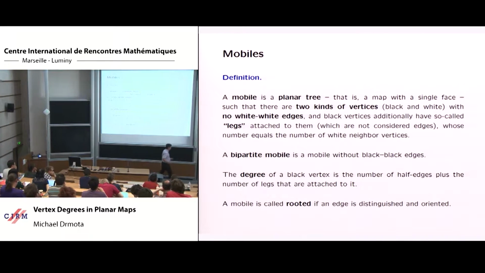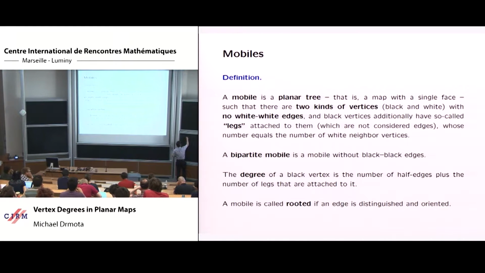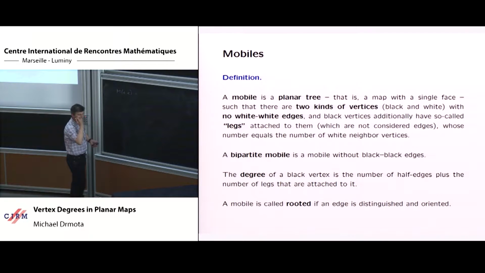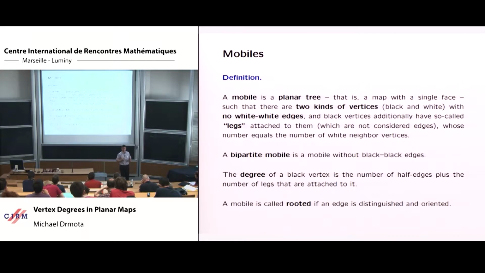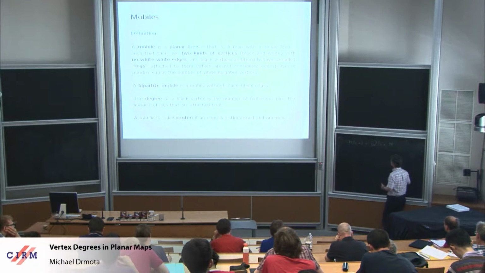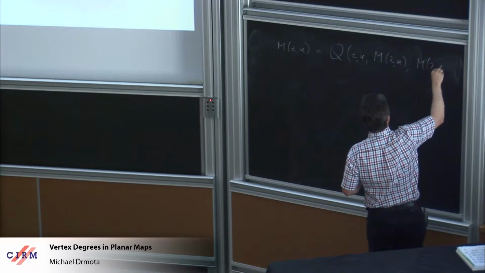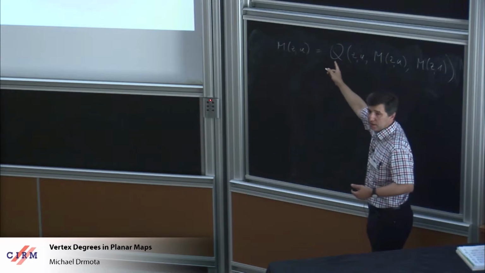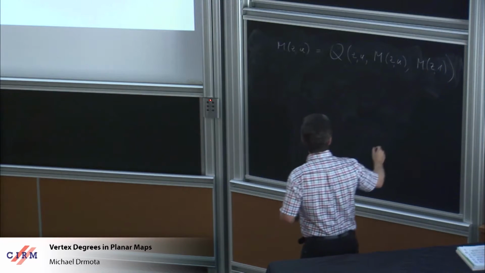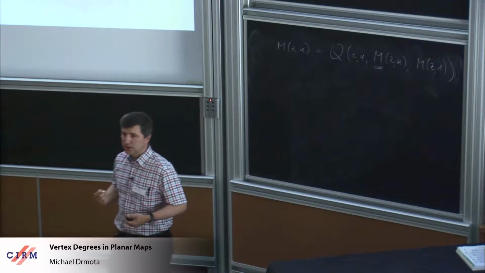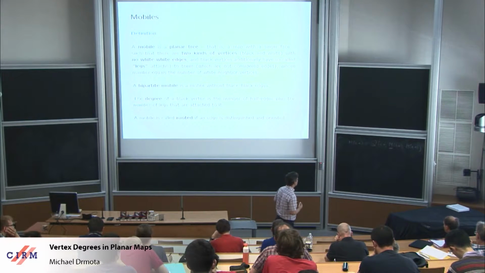You have a generating function in two variables, M(c, u), and you get a relation of this function similar to the talk of Mireille, where you have some function of c and u, and also M(c, 1), and Q is, say, quadratic in M. Then there is a general method for how you can solve this kind of equation.